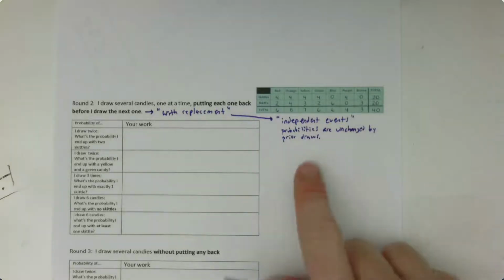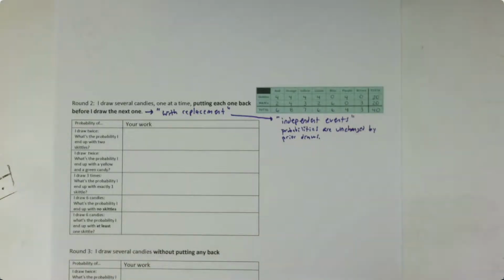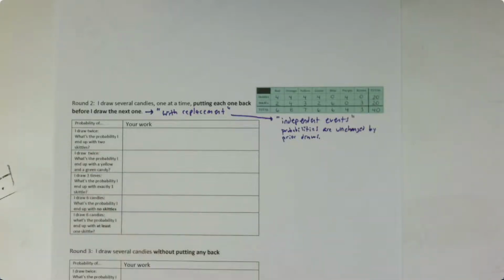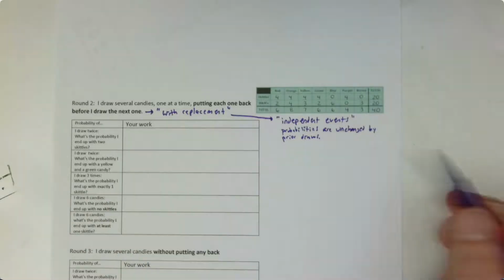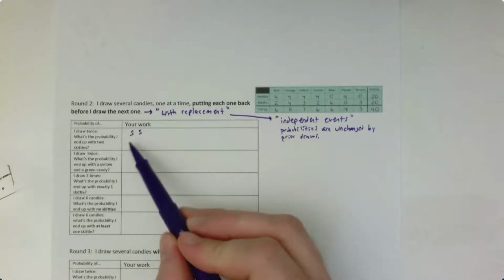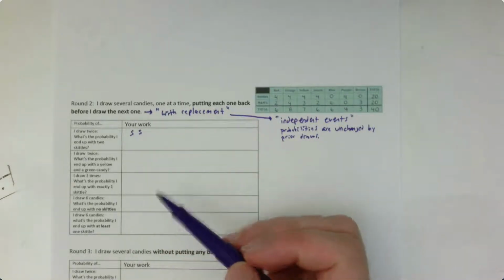Okay, and so this is going to turn out to be really important when we're thinking about the quote-unquote and rule from the front. So let's dive in. I draw twice. What's the probability I end up with 2 Skittles? So you can think about this as 2 separate events. The probability that I draw a Skittle first, and then the probability that I draw a Skittle next.